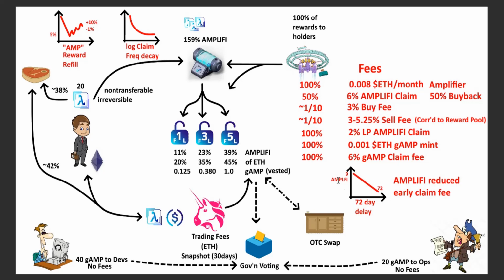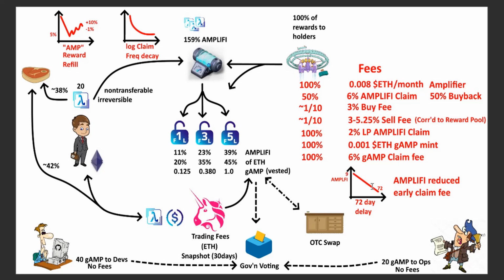Now, the last thing I want to talk about is this amplified reduced early claim fee. Think of it this way. As soon as you create an amplifier and you're able to claim AMPLIFI, you will have a 9% reduction fee.